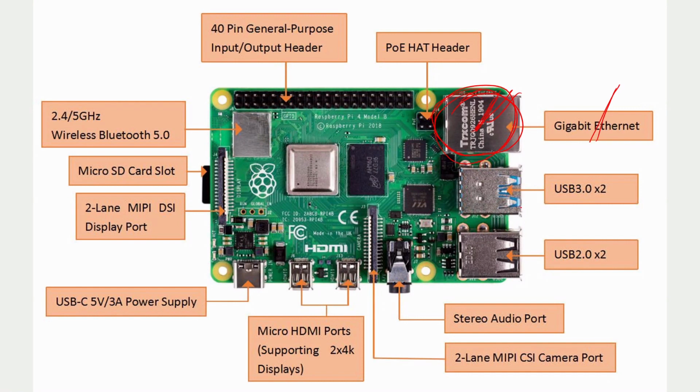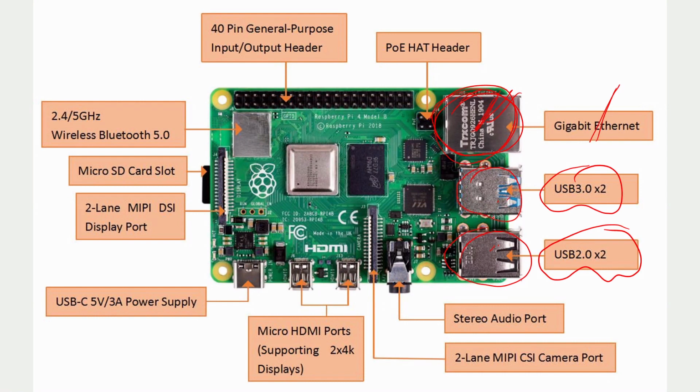Similarly, this is a USB port, and this is another USB port. One is USB 3.0, the other is USB 2.0. These ports are very fast. You can send data at a higher rate, and you can upload or insert your data from these two ports.